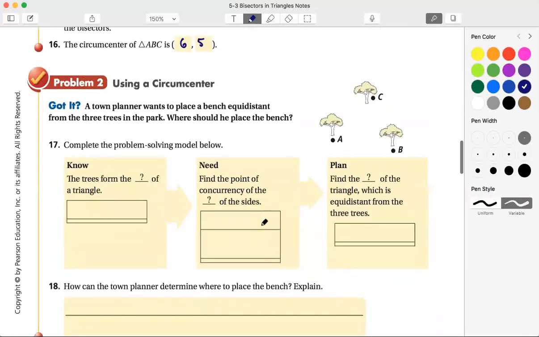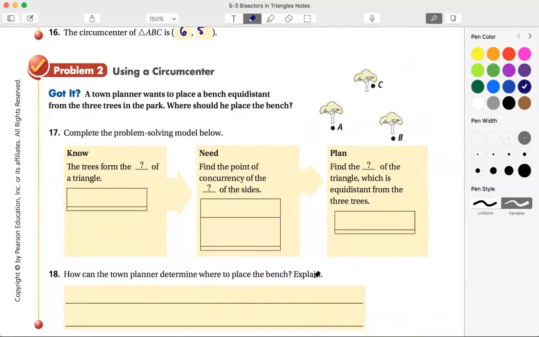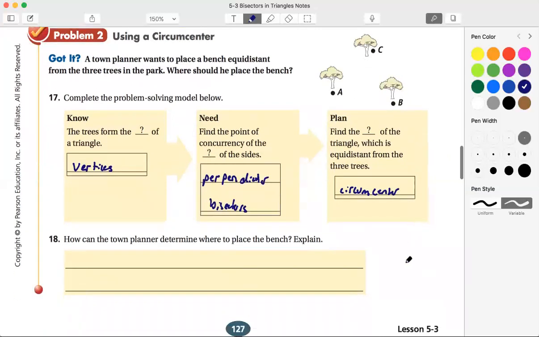Okay, problem number 2. A town planner wants to place a bench equidistant from the three trees in the park. Where should he place the bench? We know the trees form the vertices of a triangle. We need to find the point of concurrency of the perpendicular bisectors, because that will be equidistant. So our plan is to find the circumcenter of the triangle, which is equidistant from the three trees.